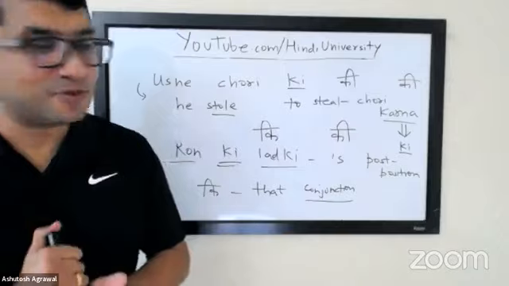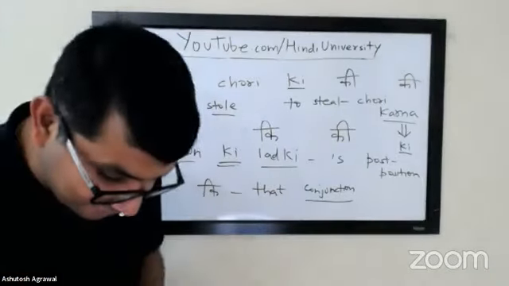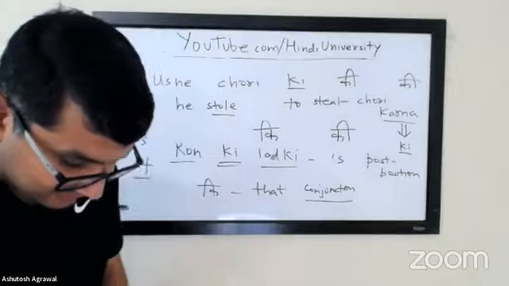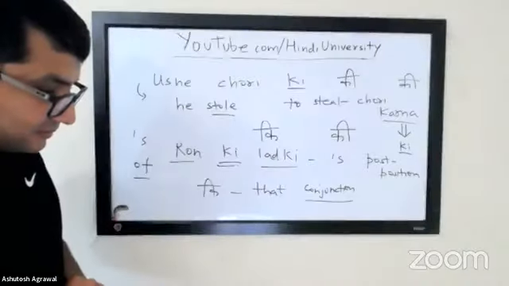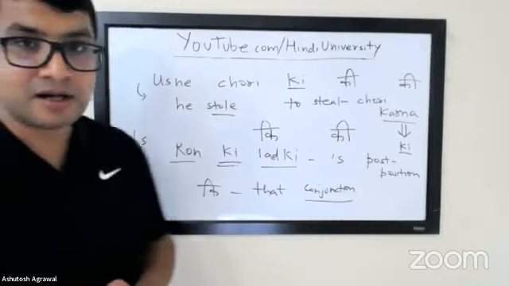Questions, anyone? Ashu ji, yeah, I had a question. Go for it. So all of the verbs that go with karna, like kaam karna, all of them, the past tense is always this ki? So not all of them will always be ki, right? Usne kaam kiya.